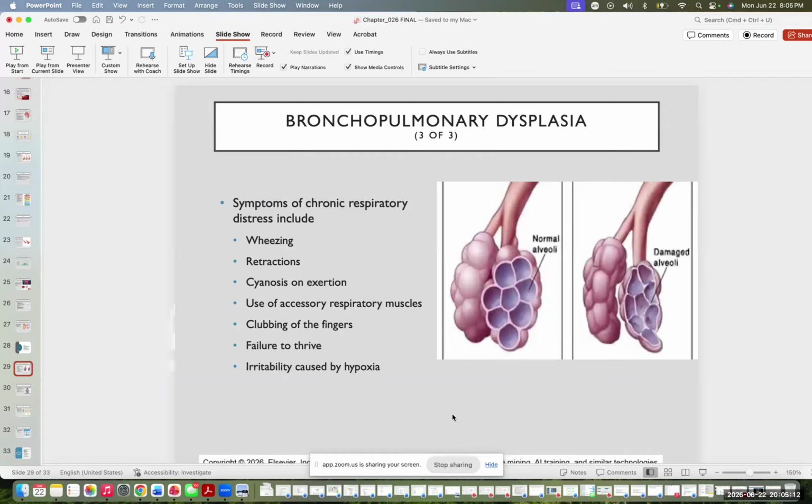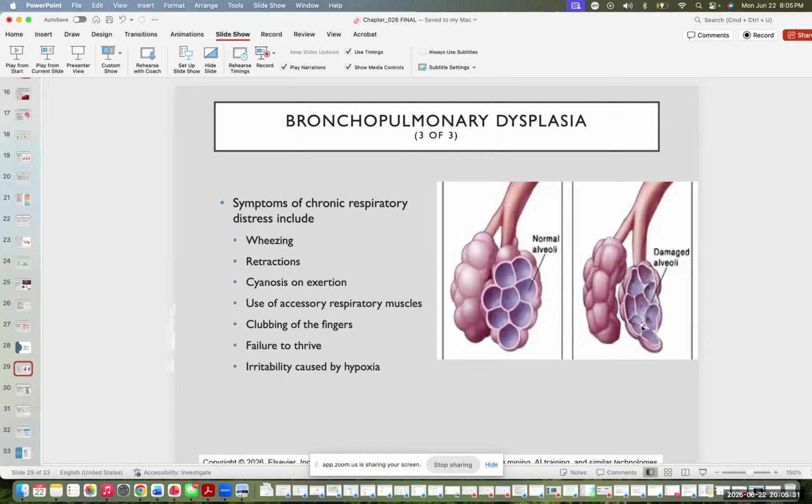But this is what happens. The normal alveoli are inflated, round, and pliable. When you're premature and you have lack of surfactant, you get collapsed, damaged alveoli. Getting ready for what?